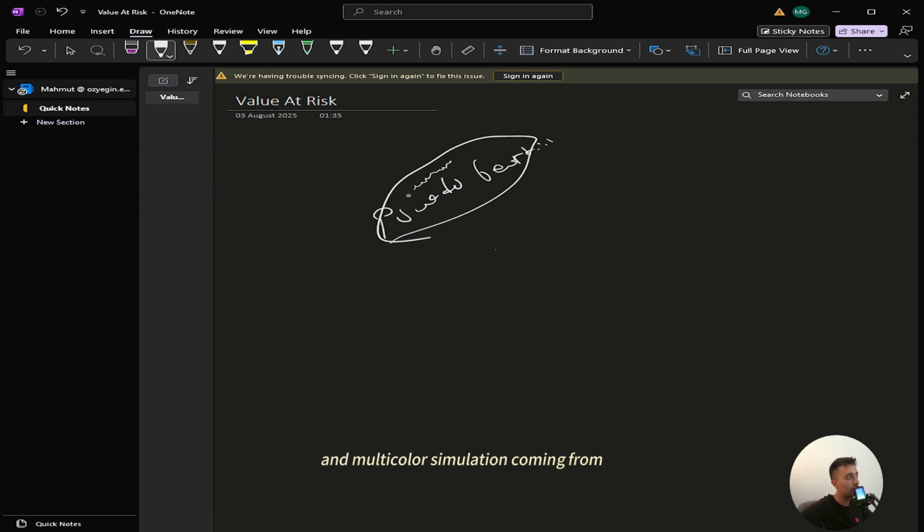And Monte Carlo simulation comes from pseudo number generation. You need to understand pseudo number generation better before trying to understand Monte Carlo simulation. In the next video or next chapters, I'll give you some explanation of the difference between pseudo number generation, Monte Carlo simulation and bootstrapping. They have a really big difference. How can you use them to understand better why and when we need to use them?